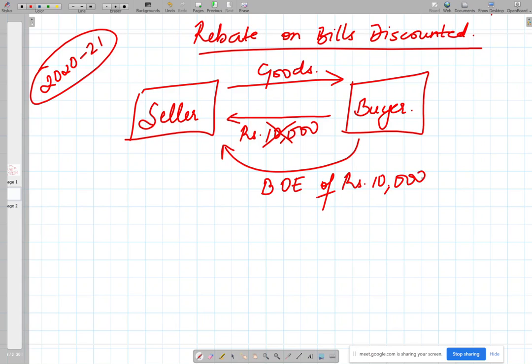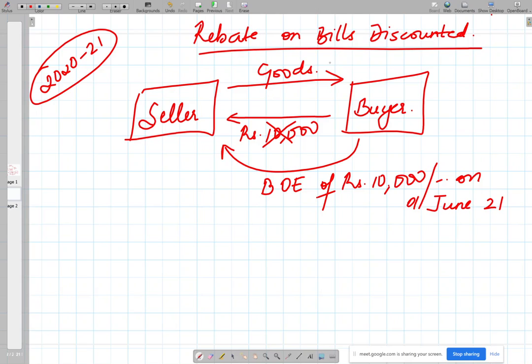So what is a bill of exchange basically? It's a promissory note. The buyer is promising the seller that I will pay you 10,000 rupees on, let's say, 1st of June 2021.